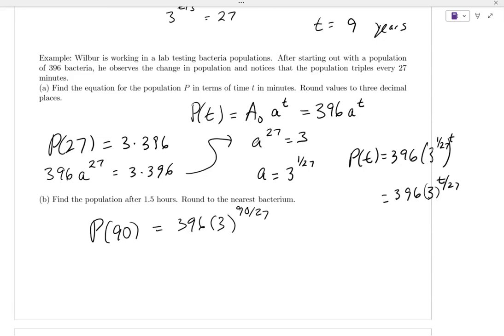And in this case, you really would want to put that in the calculator. You're going to round to the nearest bacterium.